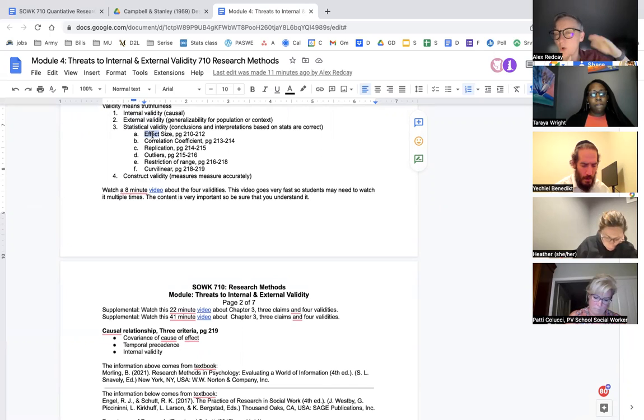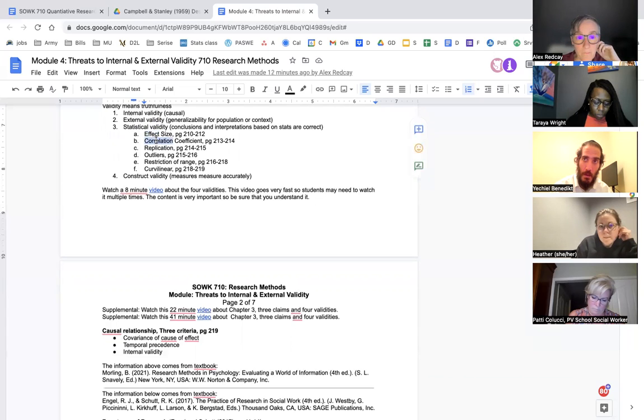If you have a large enough population, like 30,000 people in your database, it could be significant just because you have so many people, but it doesn't mean it actually had a real impact. And that's where you get into things like effect size or power, correlation coefficient. There's a bunch of other statistical things that you look at to determine how it increases the credibility of the research.